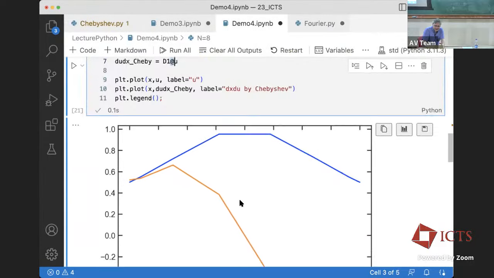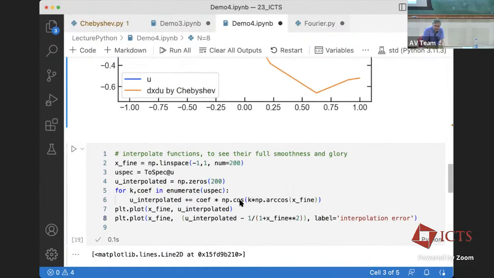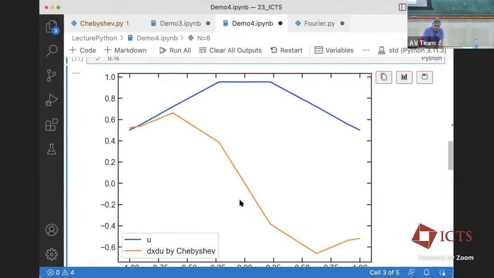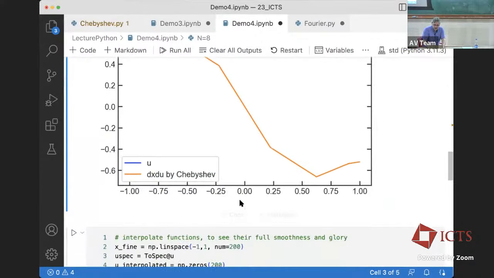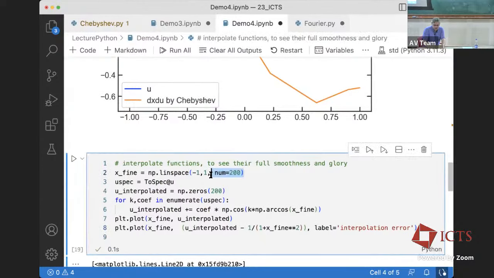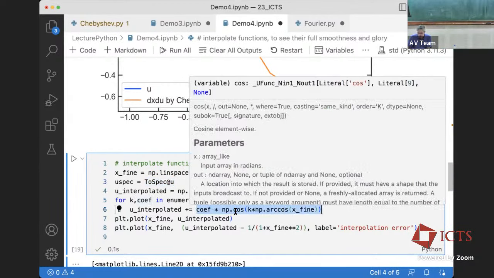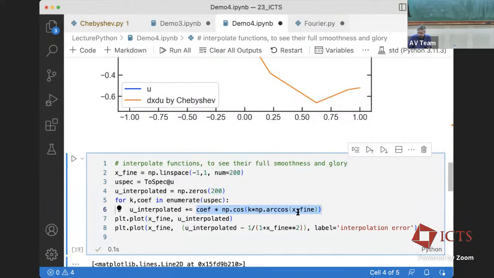But if I'm now going back and putting more resolution into my output by taking the same Chebyshev series that only has 8 terms and evaluating it on a finer grid with 200 points, I can do this by computing the spectral coefficients by multiplying S times U. And then having the spectral coefficients, I can sum up the series by coefficient times Chebyshev polynomial, cosine of k times arc cosine of the grid point x fine.